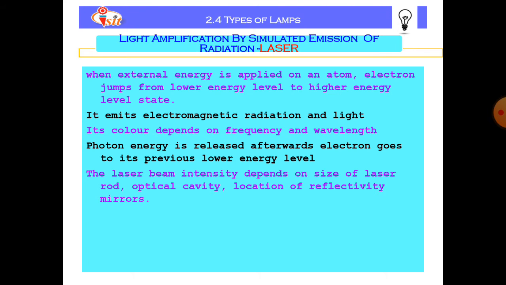As we all know, the laser beam reaches up to a long distance. So the intensity of that beam depends on the size of the laser rod, in which size the laser rod is used.